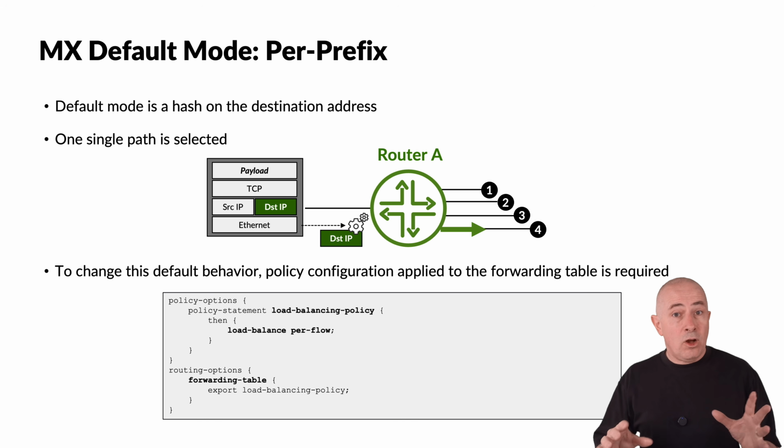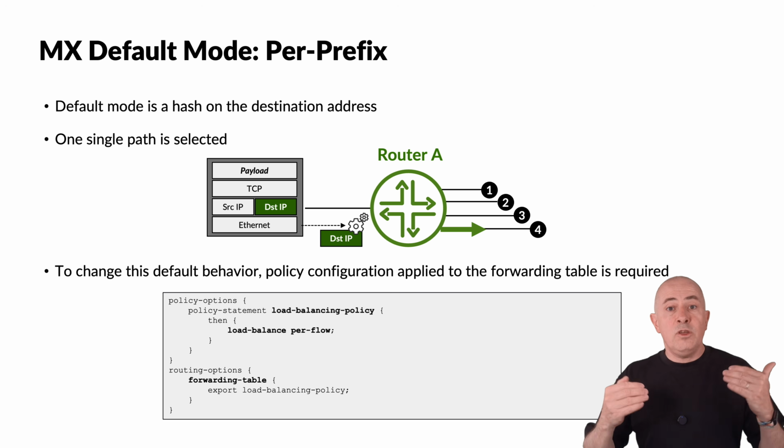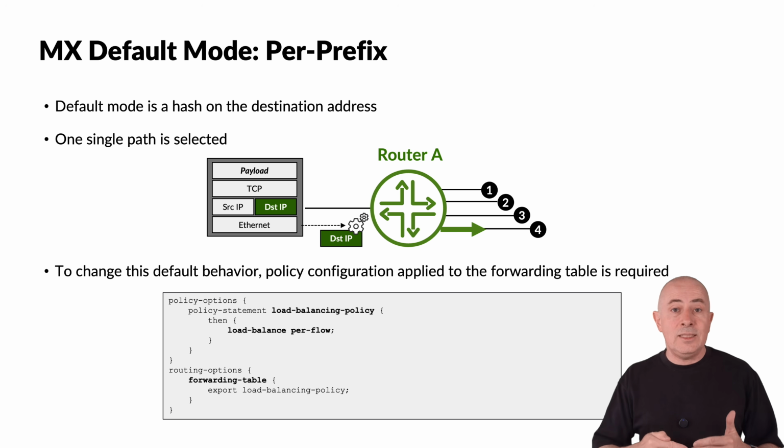By default, on your MX routers, you don't have any load balancing enabled. Even if you configure your IGP and BGP for multipath, it's not going to the hardware. The forwarding ASIC will be programmed with just one single path based on the destination address. If you want to activate proper load balancing methods, like the per flow mode, for example, you need to configure a policy and apply it in export to your forwarding table.